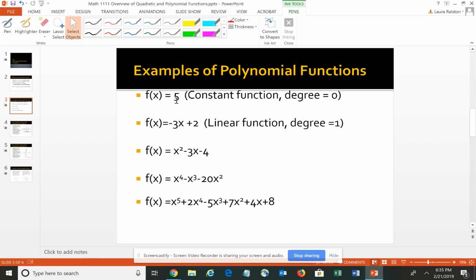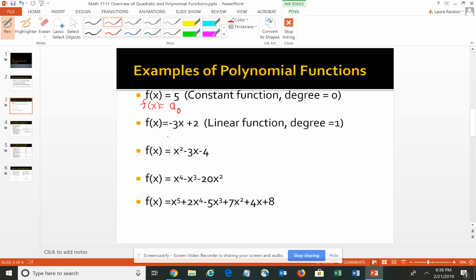f of x equals 5 is actually a constant function which would have a degree of 0. And in terms of that crazy notation, this would be like having f of x equals a sub 0.